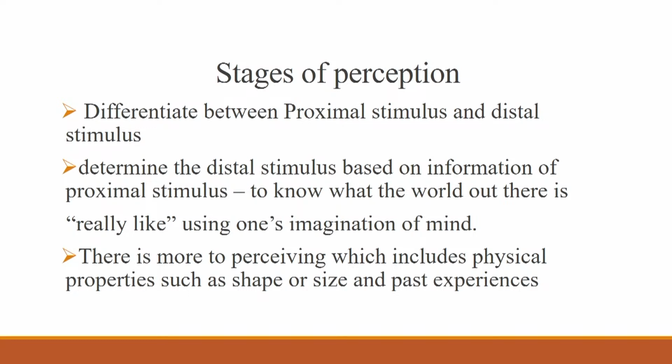So if you see the moon at night, it is a distal stimulus because it is not near to you. But how are you perceiving that moon in your surroundings, with the help of trees, or the overhead cables? So you are using all these proximal stimuli in order to understand how far the moon is, what information can I derive from these clues, from these stimuli which are near to me.